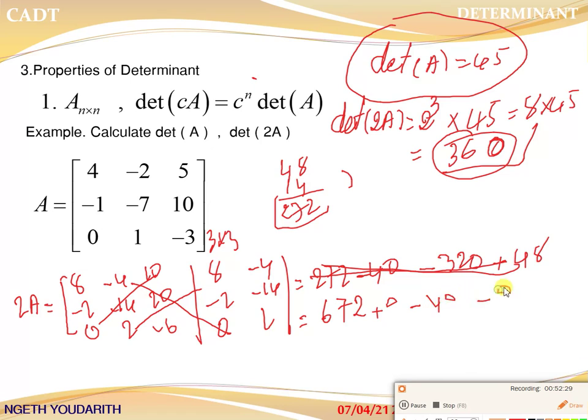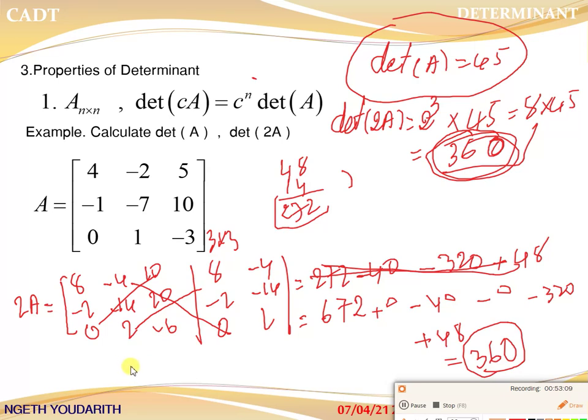This one minus 0, this one is minus 320, and this one is plus 48. So we get minus 320 plus 48, which is equal to 360. This one is 360, this one is 360.